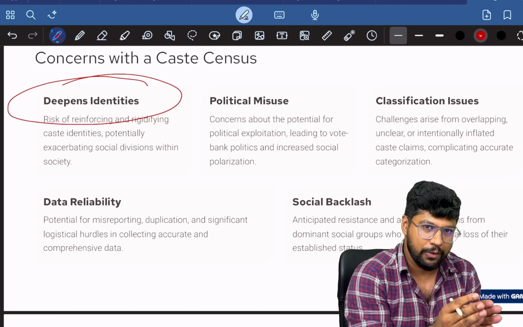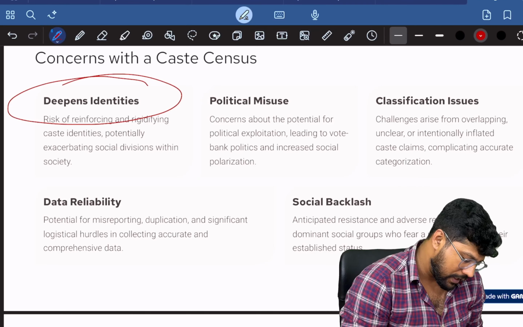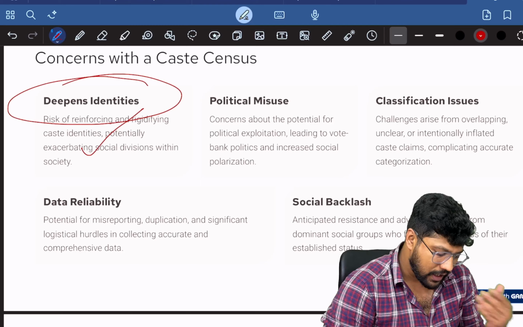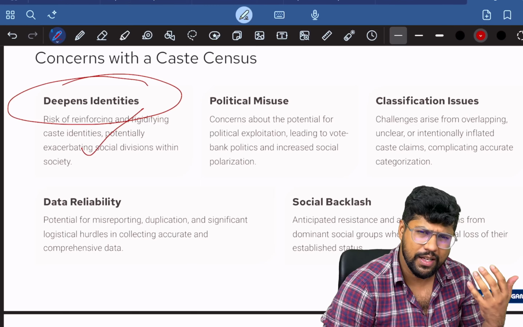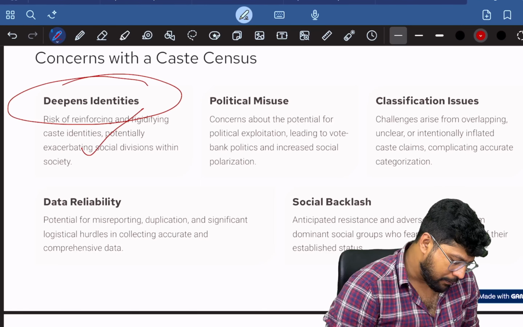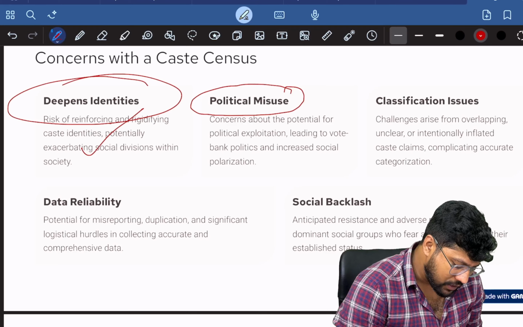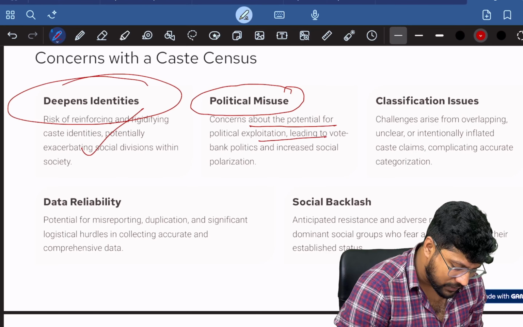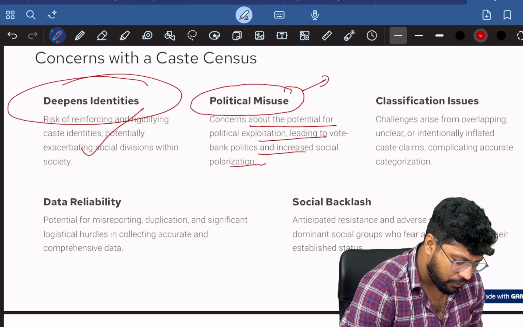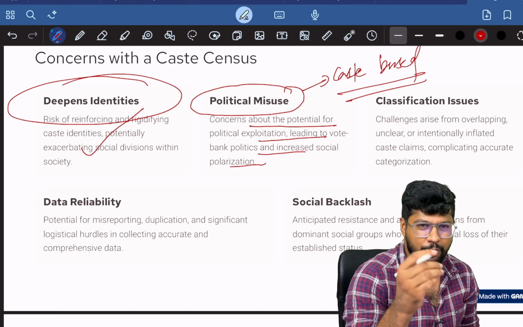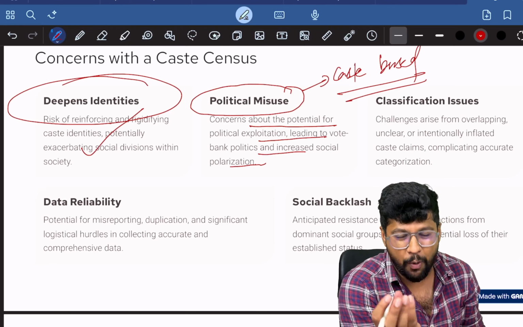So this will widen the socio-economic and caste-based divide. Another important aspect is political misuse, because once caste is identified by different subcastes, people will go for caste-based politics. Political parties will demand more affirmative action for one particular caste based on its population.